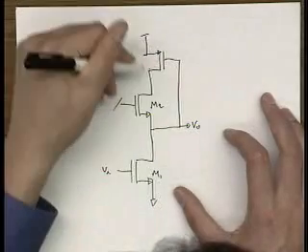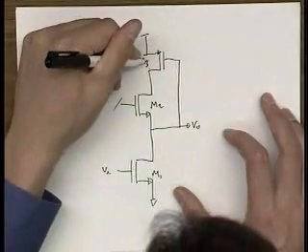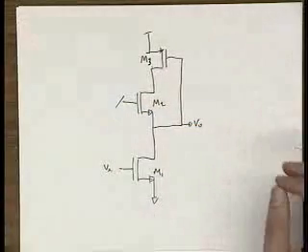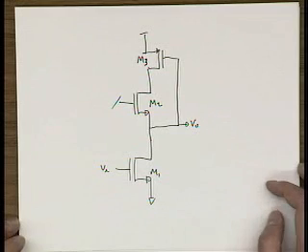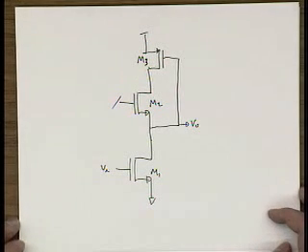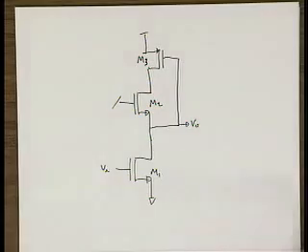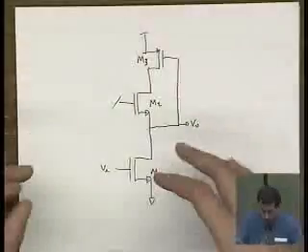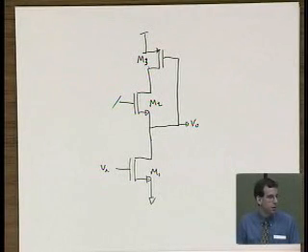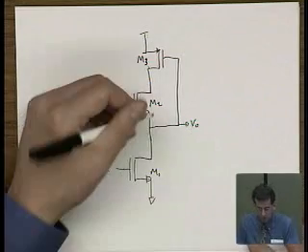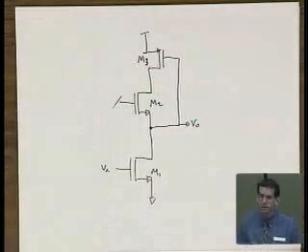M1, M2, M3. Okay? So this circuit. How might you go about solving this circuit? Any thoughts? You could put all the small signal equivalents in here. It's kind of hard. Is there anything simpler that you can do?